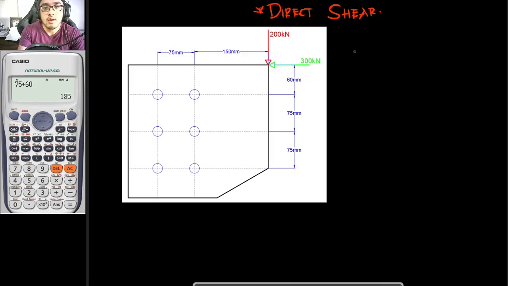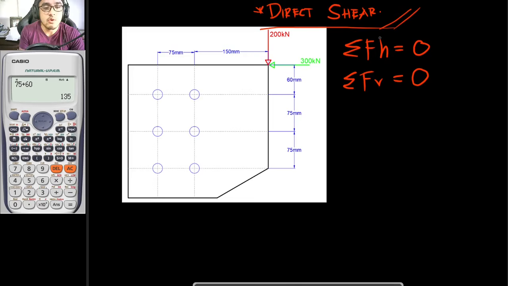So we can conclude that the summation of forces horizontal is equal to 0 and the summation of forces vertical is equal to 0. And for us to get the values of direct shear, we are to consider that each and every one of these bolts would carry the same amount of load as brought about by these forces right here.